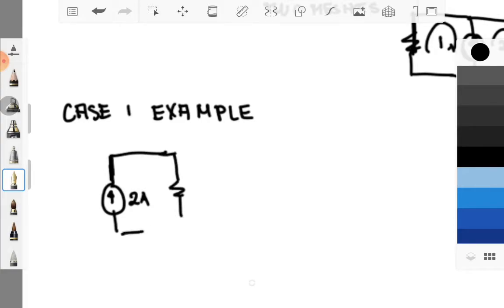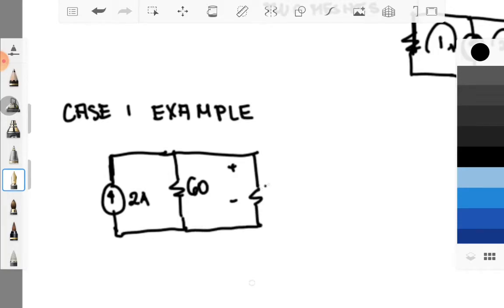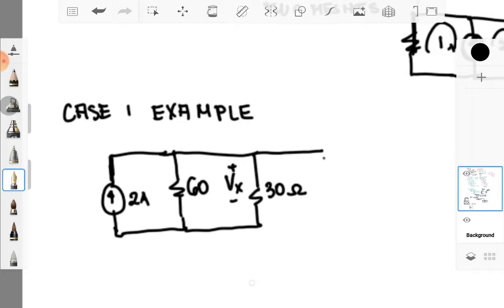So, we have our 2 ampere, then 60 ohm, then we have our positive, negative Vx, and then we have our 30 ohm and a voltage dependent current source.